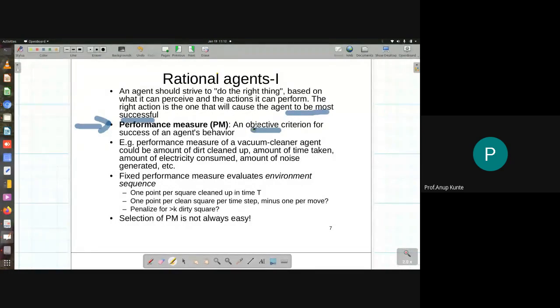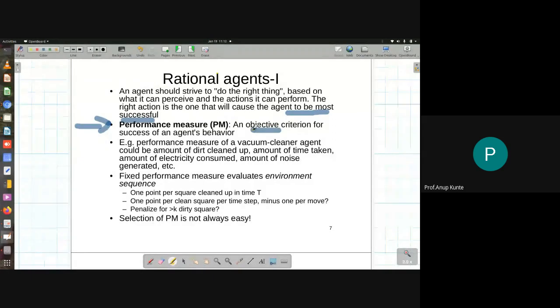If in my particular location, my railway station, there is a peak load of people on the railway platform from say 10 a.m. to 12 p.m., then during this entire period, my vacuum cleaner should keep on working. It should consume its battery so much so that it can only be charged after this time is over, and it should continuously operate. That can then be the performance measure. So performance measure is linked to where I am going to place my agent.